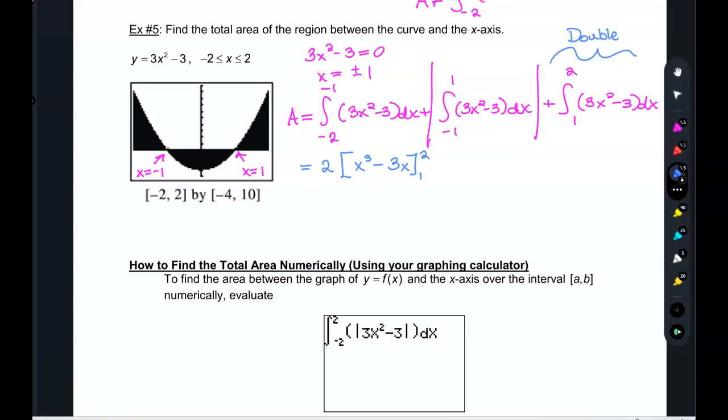Also, did we notice there's symmetry going on here? So I could also double the area from 0 to 1. Why would that make it easier? Because if one of the limits of integration is zero, it's a lot easier to evaluate. So let's make this a plus.